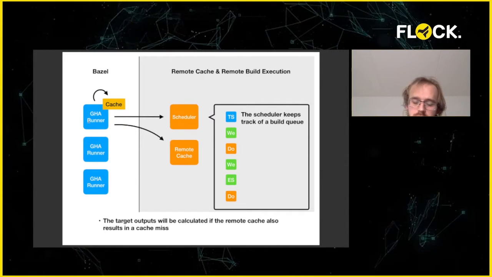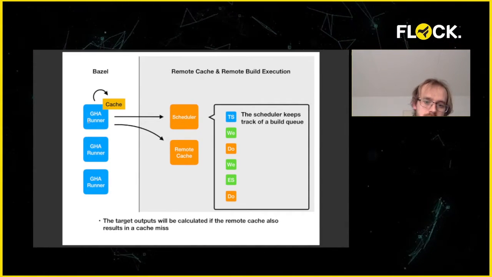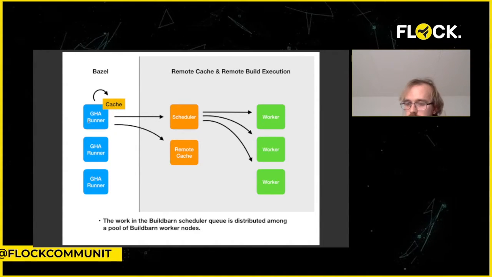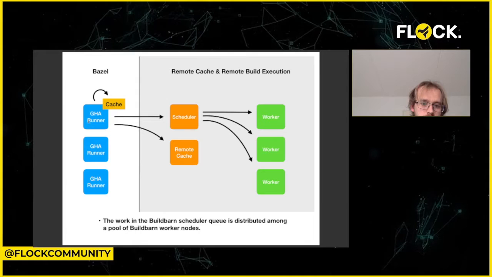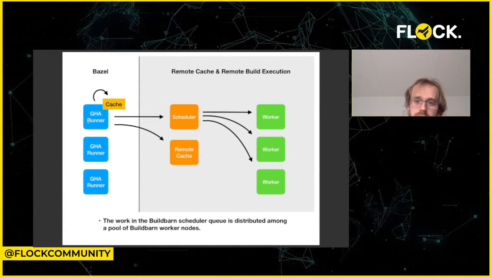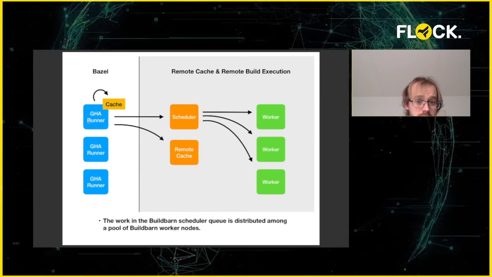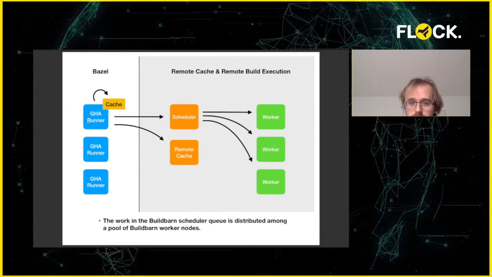Then the work in the queue will get distributed among a set of workers. Currently we have about 18 workers, so we can execute 18 different targets at the same time.